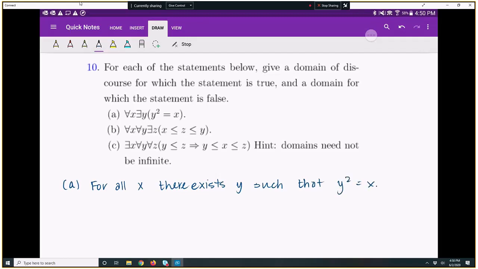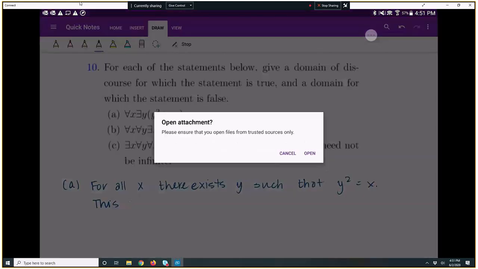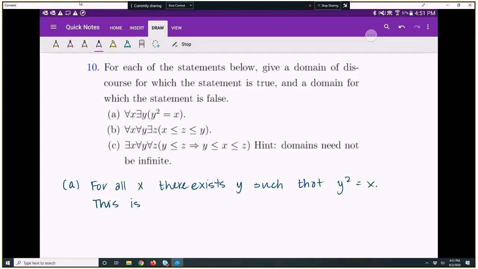So what might be a domain of discourse for which this is true? This is true for the domain of discourse is any positive real number.